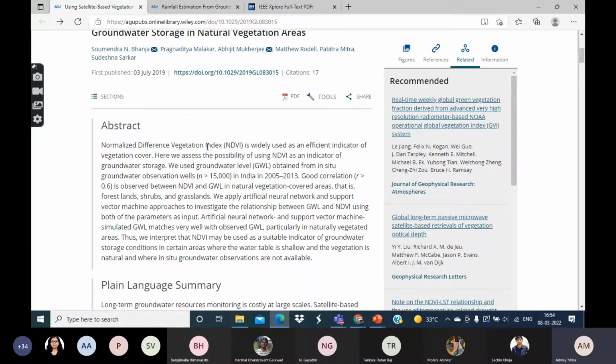That is to say, these satellites are not actually measuring whether there is some vegetation present in that region. What they are measuring is basically the amount of greenness in the different pixels, and that greenness is being considered as a proxy for vegetation. Of course, it's not a very robust proxy, because greenness need not arise out of vegetation.